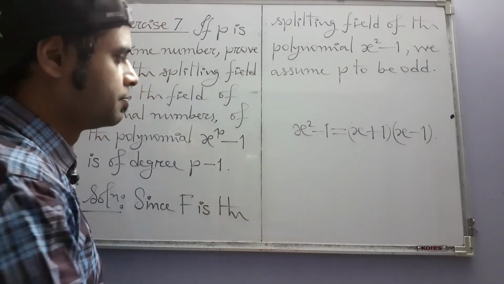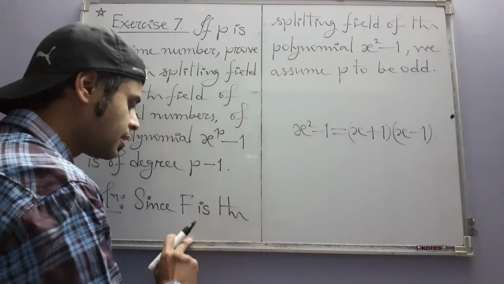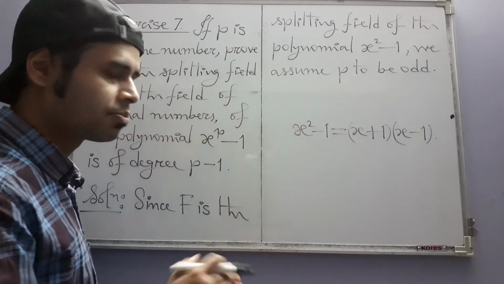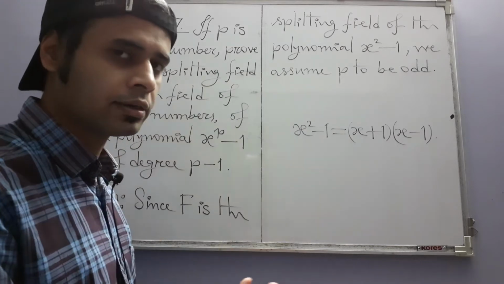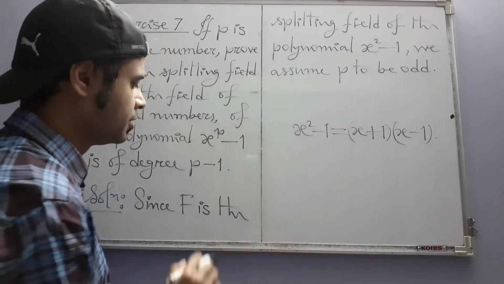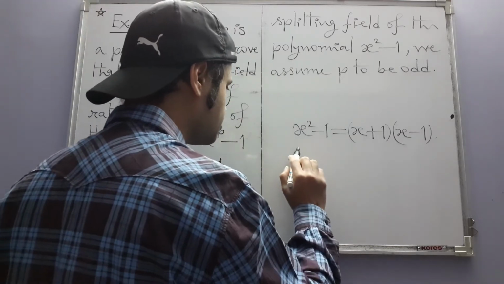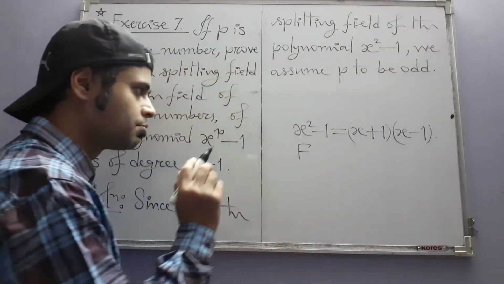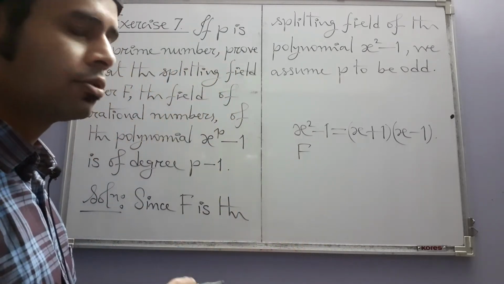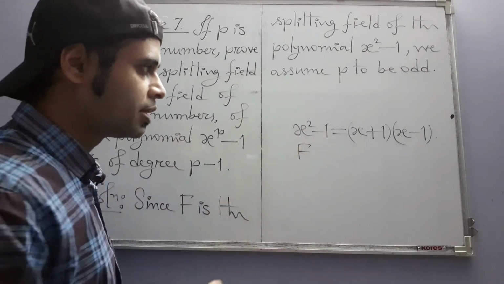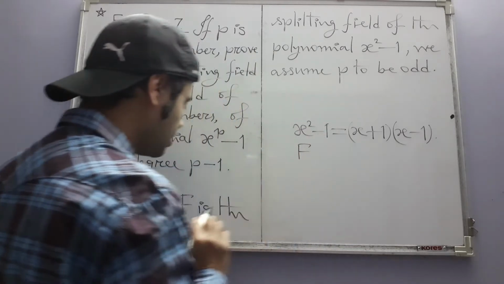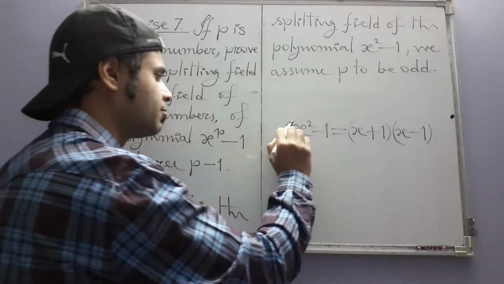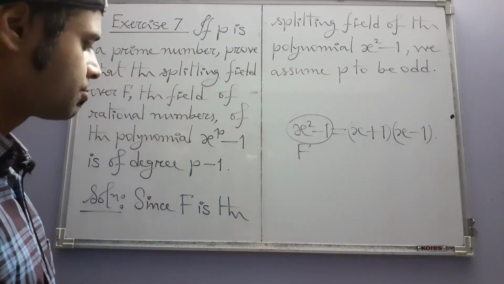So that means over f itself the polynomial splits completely. So we need not even extend f to an extension which is different from f, and that is why clearly f is the smallest possible extension over which the polynomial splits completely as a product of linear factors, and that is why f itself is the splitting field of this polynomial. That's what we have written.